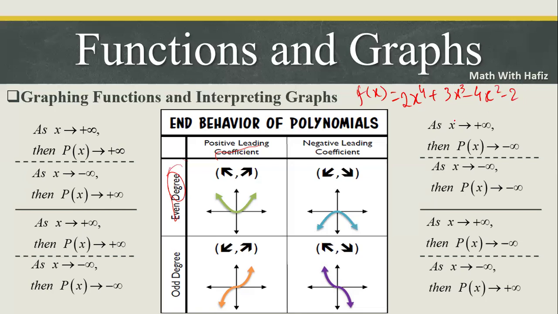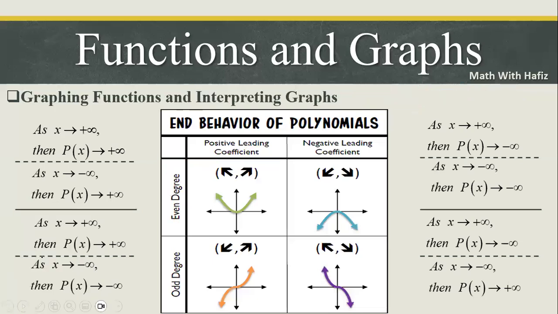This is the function you are having. The leading coefficient means the coefficient of the highest power. In this case, as it is degree 4, the coefficient of x to the power 4 is the leading coefficient. You have to know its sign, whether it is positive or not. If it is not mentioned, it is positive. The second thing you have to know is its degree. In this case, the degree is 4.